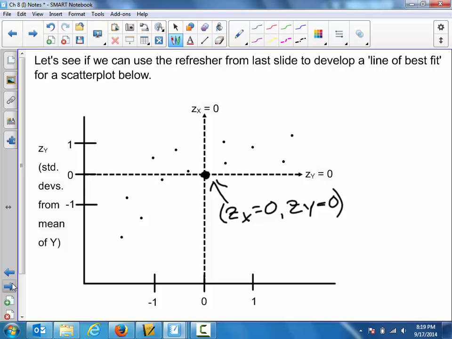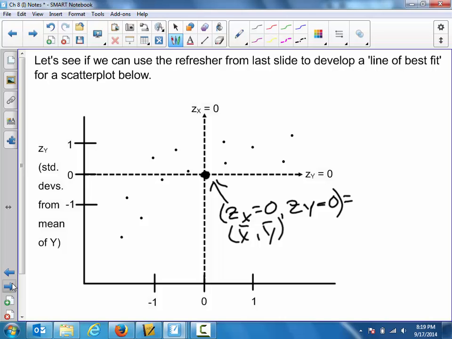And we know that the z-scores are the standard deviations from the mean, so this has the same meaning as x bar, y bar. That is to say, the line that we're going to come up with runs through the very center of the data, the mean of your x and the mean of your y. That's important, and it's one of the things that we need to know to be able to build a regression line, a best fit line for every new scatter plot that we encounter.